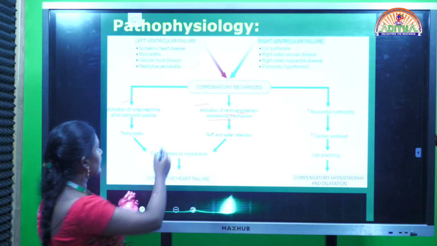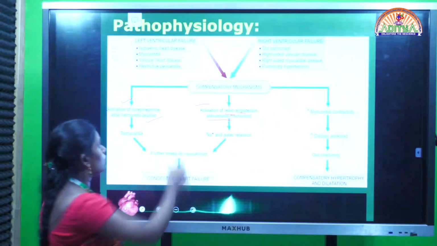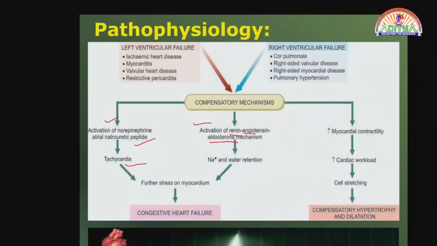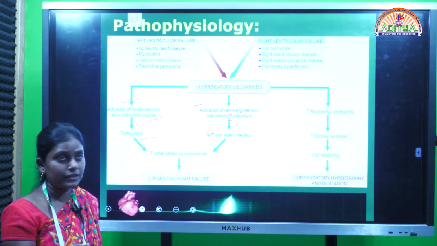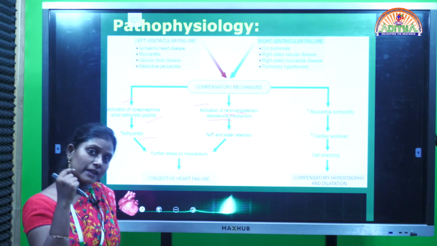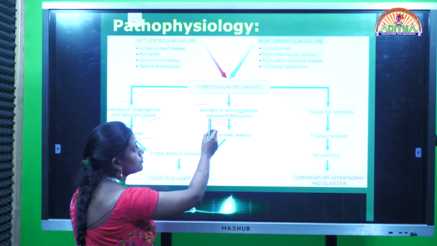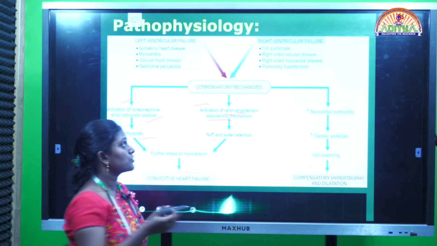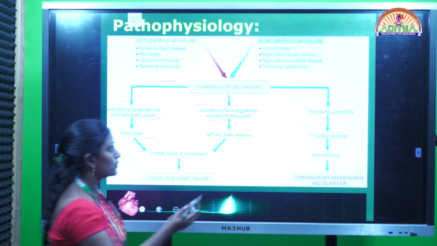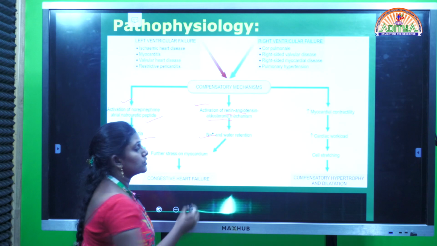If there is activation of norepinephrine, that may lead to tachycardia, a quick heartbeat. Bradycardia means a very slow heartbeat. Whereas if the renin, angiotensin, aldosterone mechanism is activated, that will lead to sodium and water retention.